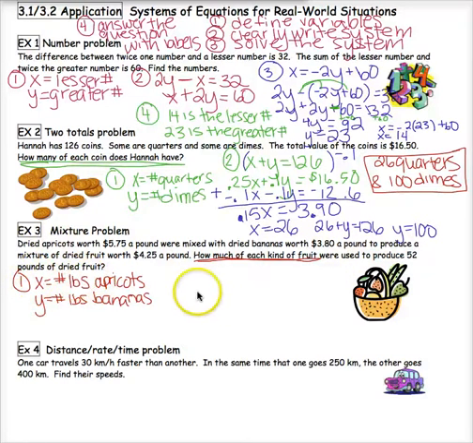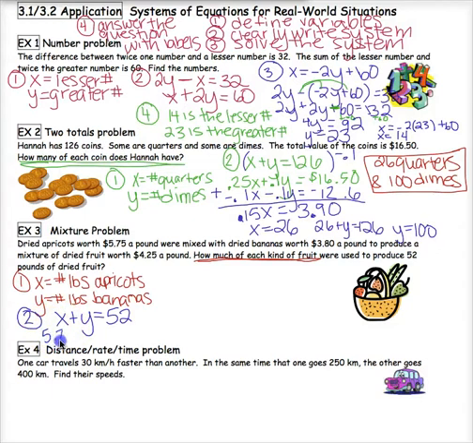So this is kind of similar to example 2 in that my first equation is just the number of pounds. So apricots plus bananas has to equal 52 pounds. The second equation has to do with value.